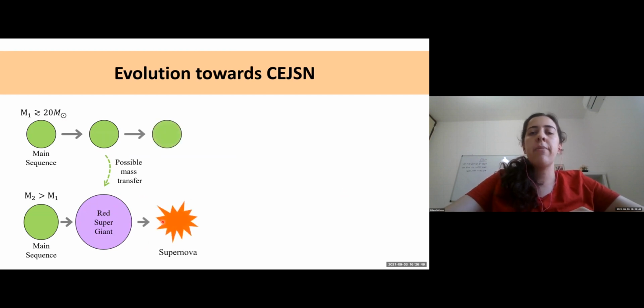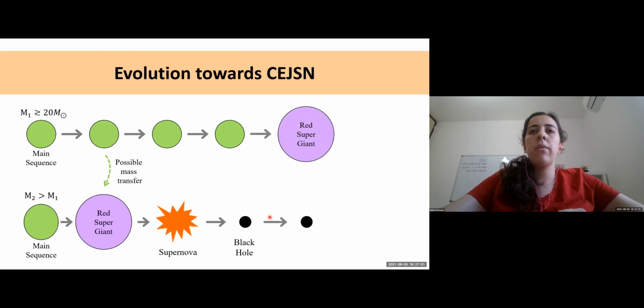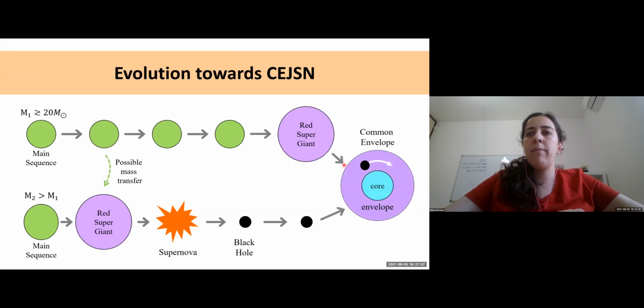The red supergiant keeps evolving and explodes as a supernova, leaving a black hole behind. If enough mass remains bound to the system, we end up with a binary system of a main sequence star and a black hole. The main sequence star, which is heavy to begin with, evolves into a red supergiant that can engulf the black hole, which spirals inside its envelope, initiating a common envelope evolution phase.